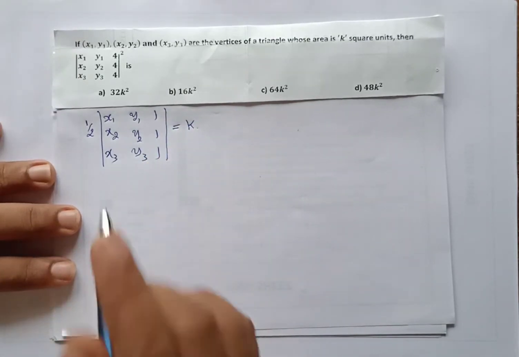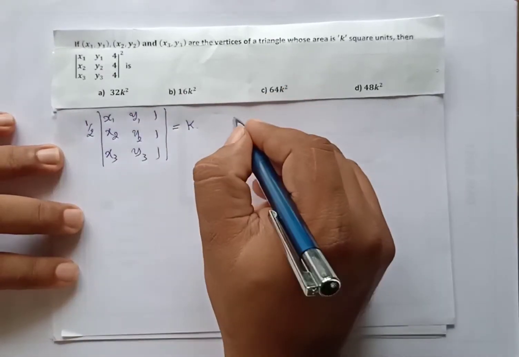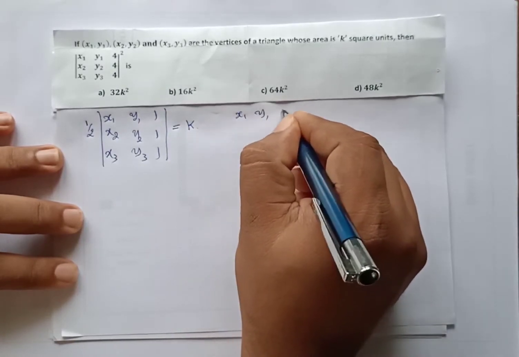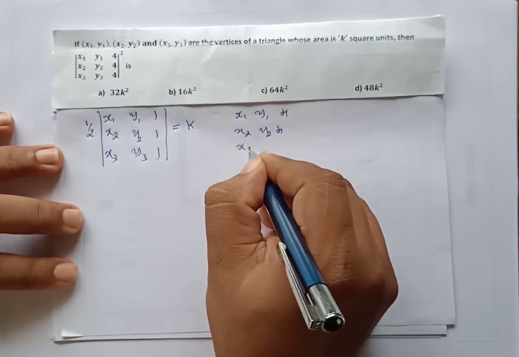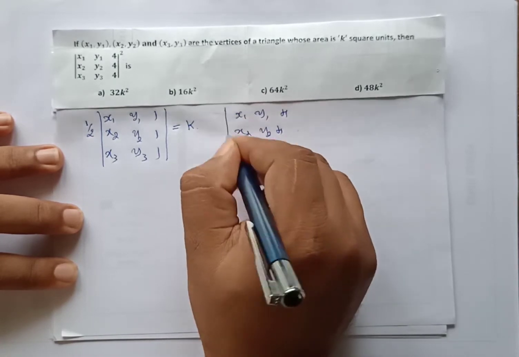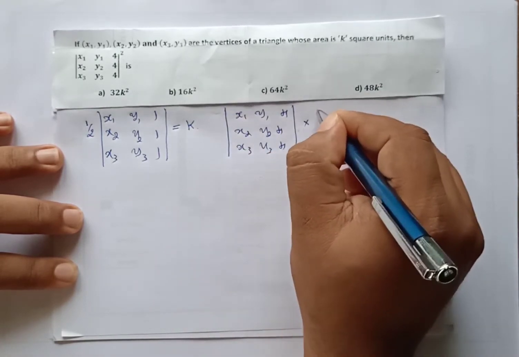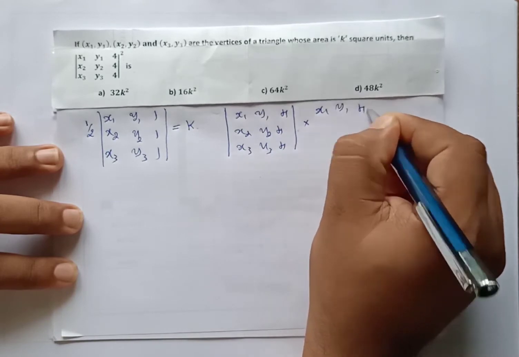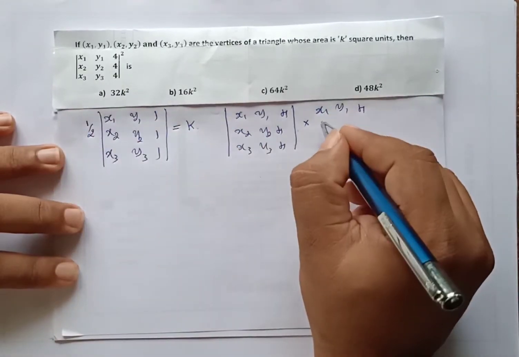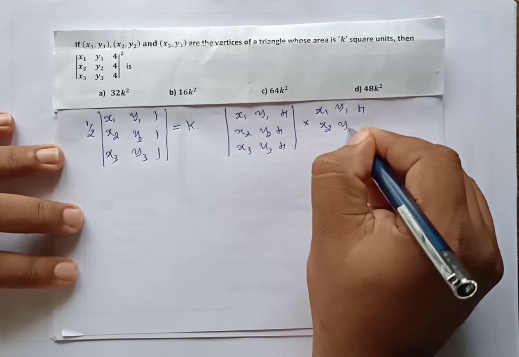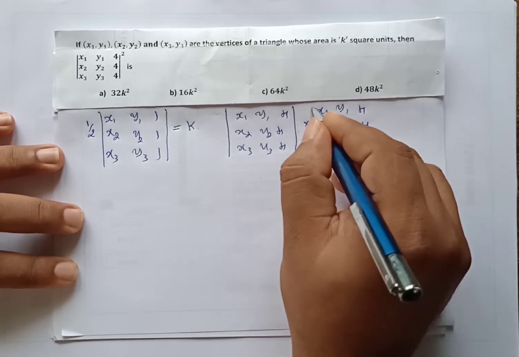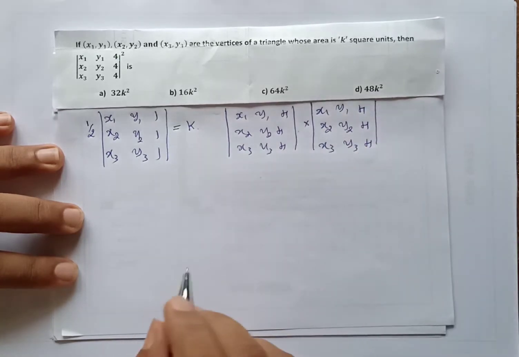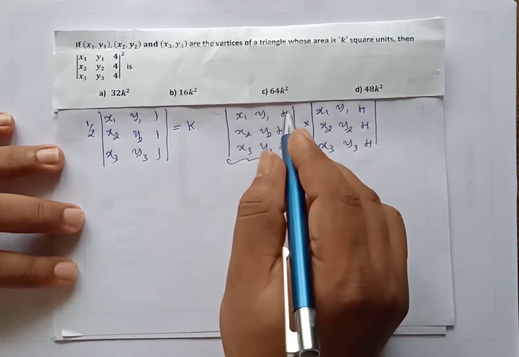Now the required answer is nothing but the determinant [x1, y1, 4; x2, y2, 4; x3, y3, 4] whole square. We can split that. Just observe in this C3.